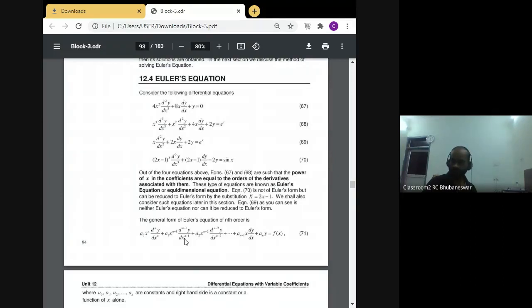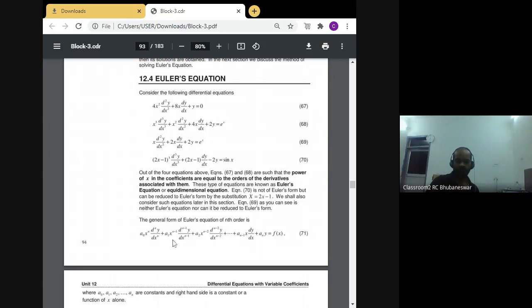So here, as you can see, in the first term the coefficient is a0, but here we have multiplied a monomial, that is x to the power n, as this particular term contains nth derivative of y.